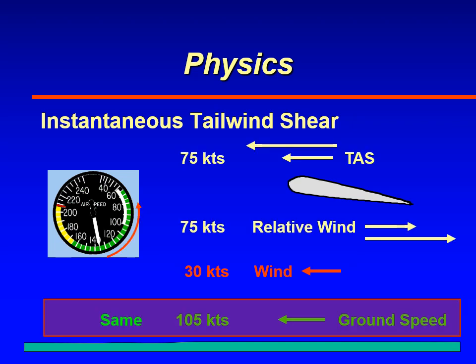As a result of that change in wind, since the wing is still moving over the ground at 105 knots initially, you're going to see a loss of airspeed because the airplane can't respond to that shear fast enough. The air going over the wing has been reduced by 30 knots, and now the airplane is moving through the air at 75 knots, still moving over the ground at 105.